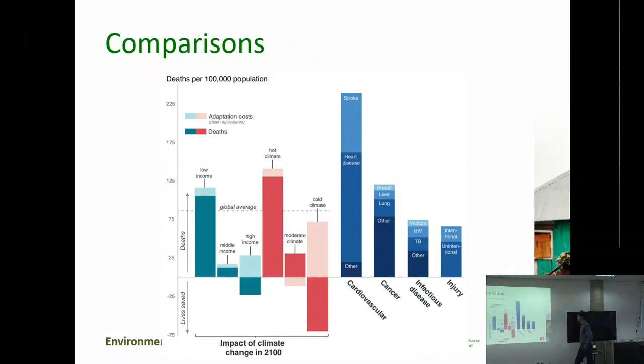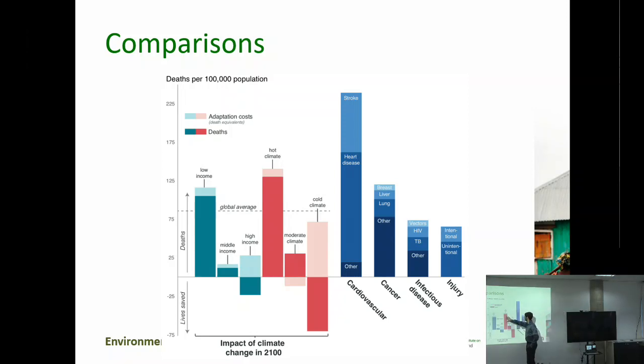What does that actually mean? So this on the left is our predicted number of additional deaths by the end of the century, and on the right is comparing that to current causes of death. In low-income regions, the additional deaths from climate change are going to be about 100 deaths per 100,000, which is equivalent to all deaths from cancer.